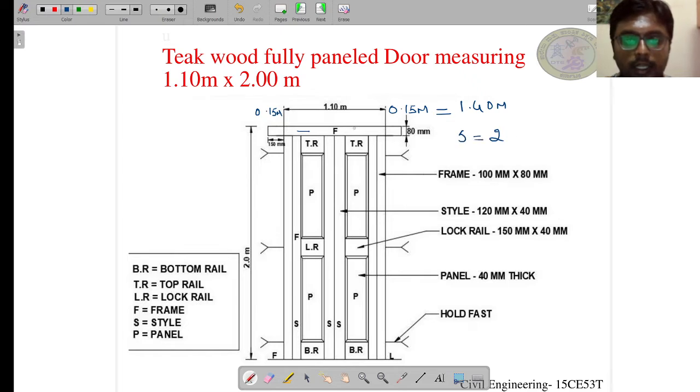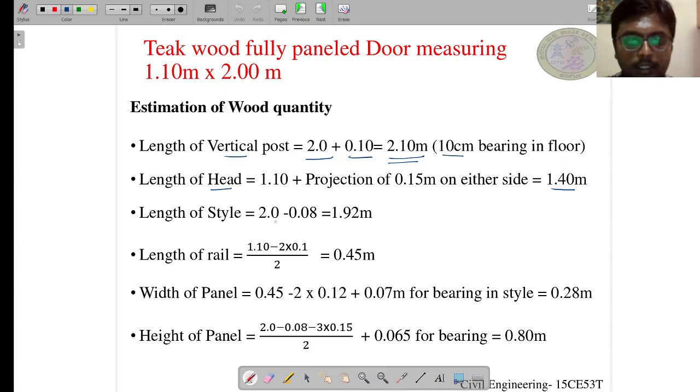I have to deduct this 80 millimeter, which is the depth of the head, to get the length of the stile, because I need this length only up till this point. So 2 minus 80 millimeter, which is nothing but 0.08 meters, becomes 1.92 meters. So we have got the length of the stile.